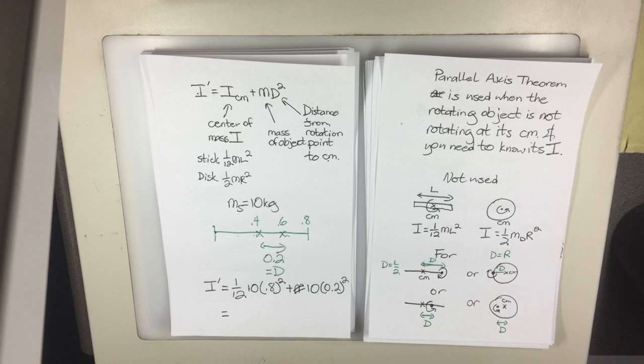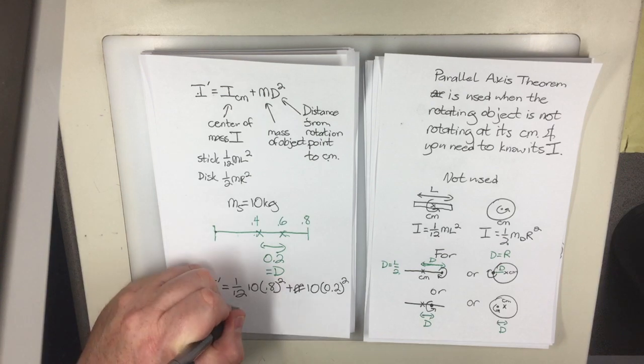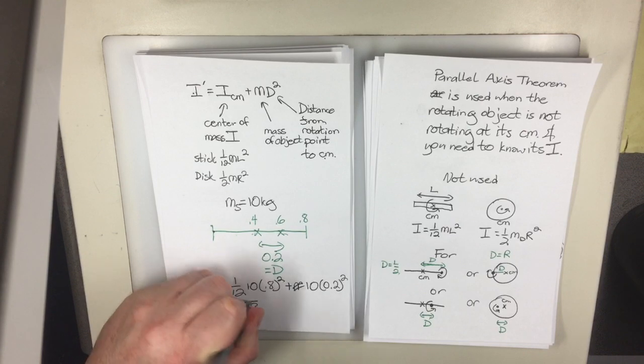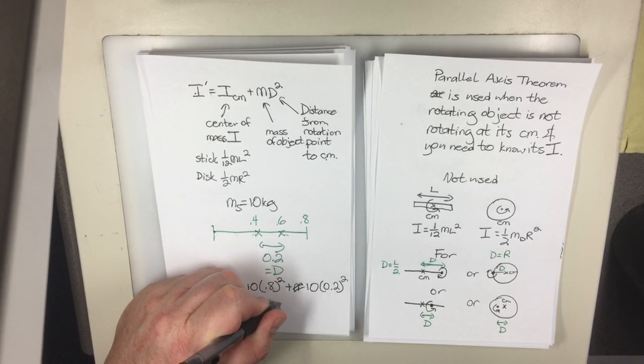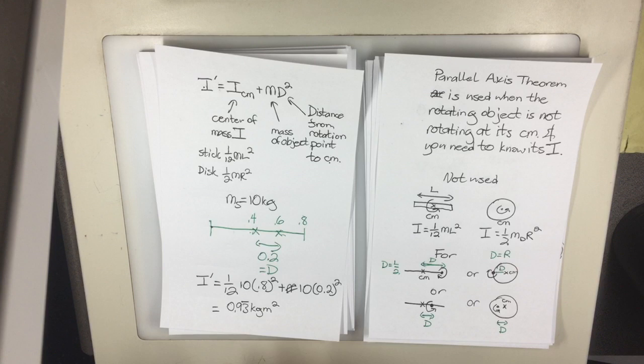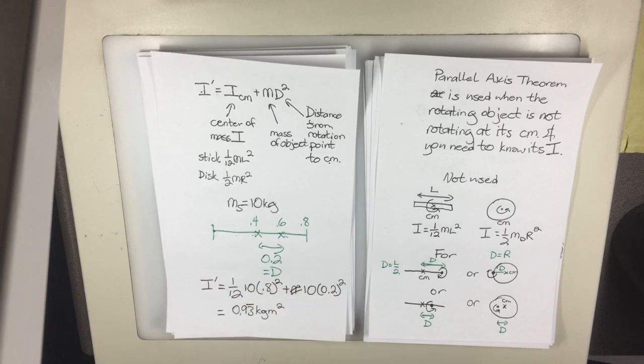And so adding all of that up, 0.93 repeating kilograms meters squared. So it's just adding that extra bit, that extra m d squared, and then it tests your knowledge as to what is that value d.